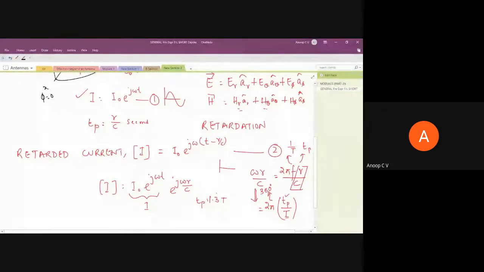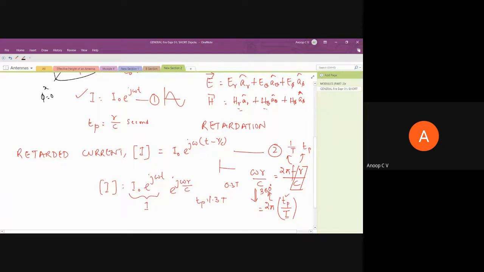There is one complete time period plus a fraction 0.3 of a time period. By one complete time period, a 360 degree phase rotation might have happened, but with the 0.3 T, how much phase rotation is happening? It gives you the corresponding phase change because of this time delay. You are mapping time delay to phase change. That's omega r by c.